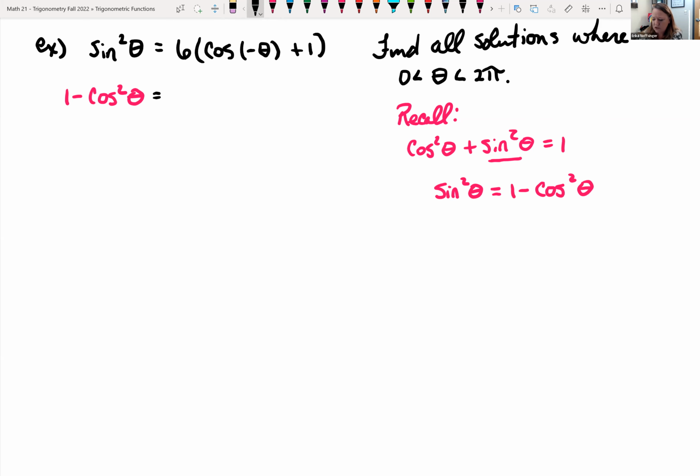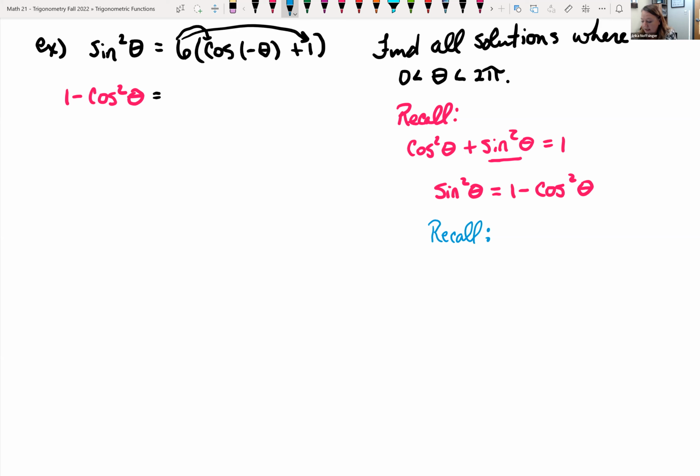This is equal to, so I'm going to clean up the other side of my equation as I rewrite it. So let's distribute the 6 inside here. Also, I'm going to use the fact that cosine is an even function.